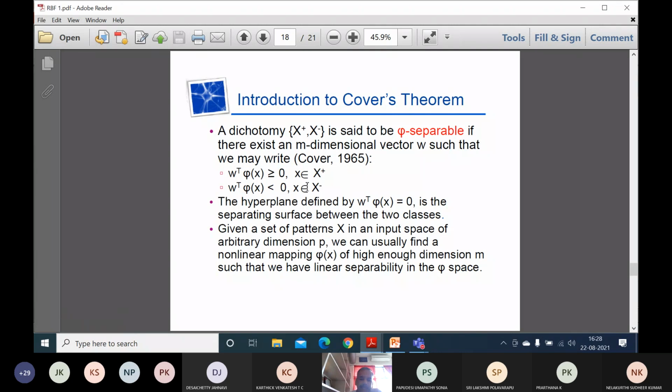So if W transpose psi of x is greater than 0, I group them under positive responses; if it is less than 0, under negative responses.